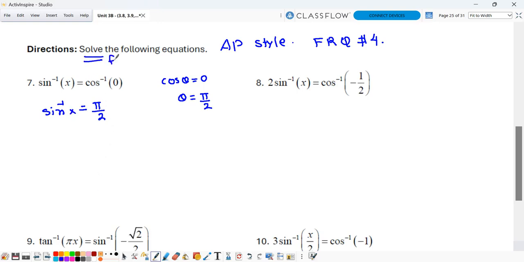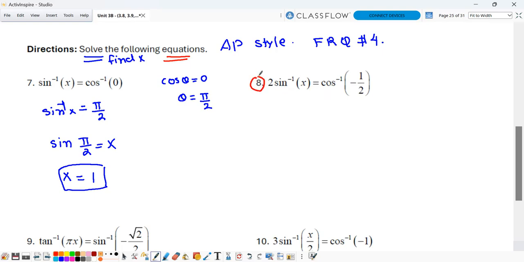Your job, solve, means find x. Since this is sine inverse, can I say sine of pi over 2 is x, which means x is 1? Pay attention again. They are nice, simple, easy ones, but slightly complicated because you have both sides. So we call them solving equations using inverse trig.